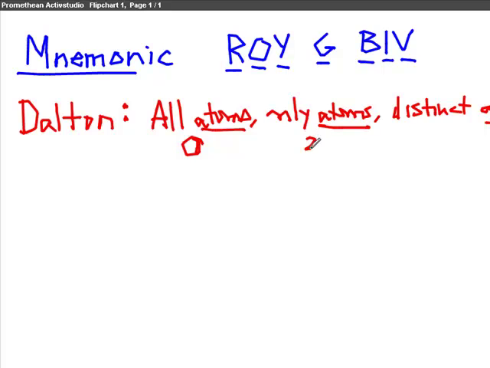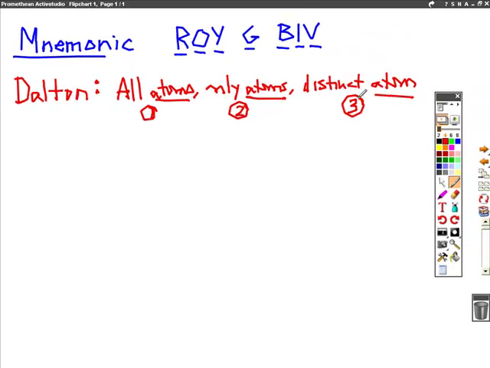So that's the only atoms. Nothing can be divided upon that. And all atoms of one element are exactly alike. So distinct atoms. Each atom is the same of one type but distinct from others. So hopefully you can memorize Dalton's atomic theory had 3 points: all atoms, only atoms, and distinct atoms. So that's the mnemonic to hopefully help you memorize what he said about an atom.